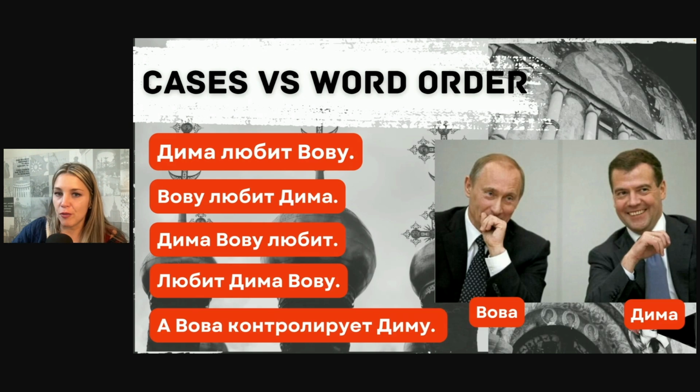Medvedev took over for Putin for 4 years, and then Putin came back. It's very much considered that Vladimir Putin kind of uses Dmitry Medvedev as a puppet, and it's kind of laughable that supposedly Dmitry Medvedev doesn't have any real power. Anyway, okay, хорошо. So, Вову любит Дима. Who loves whom?